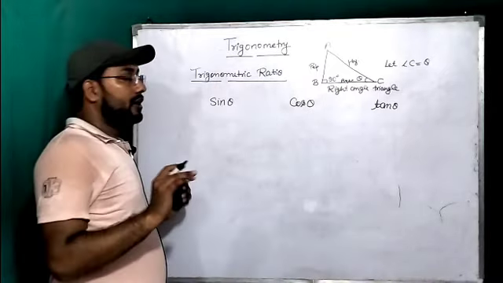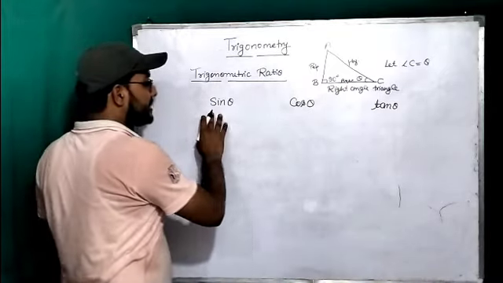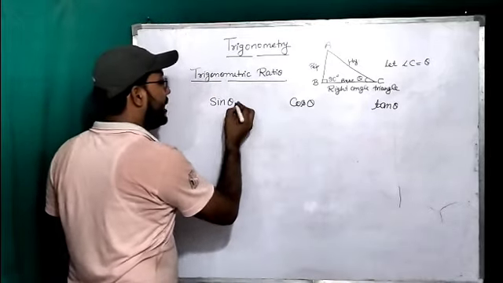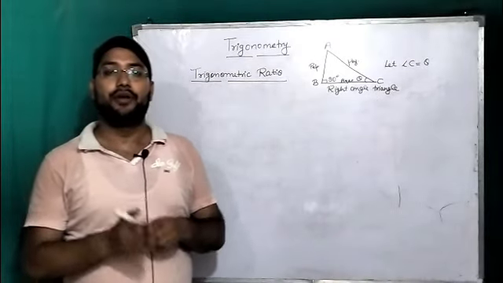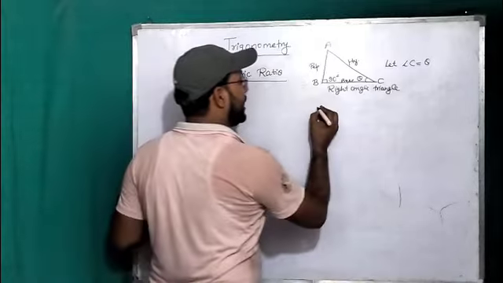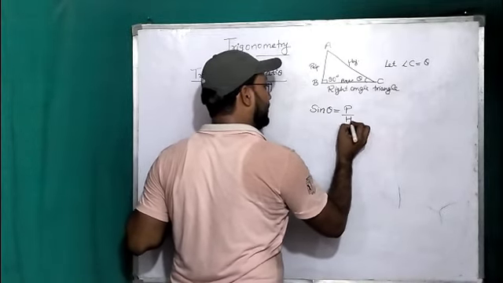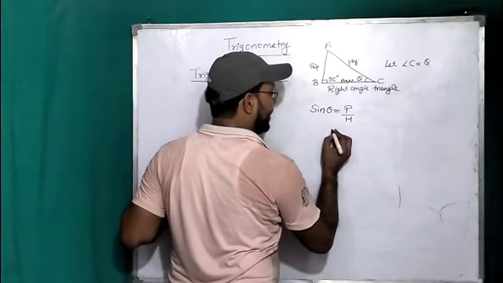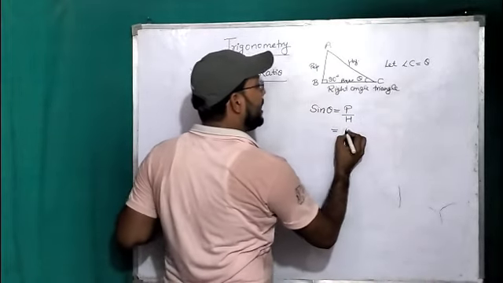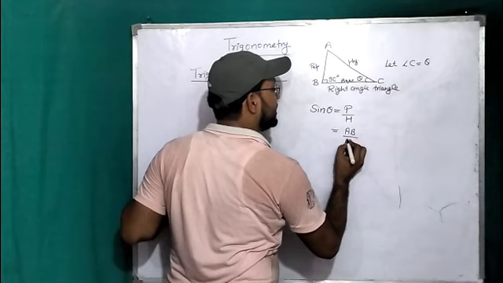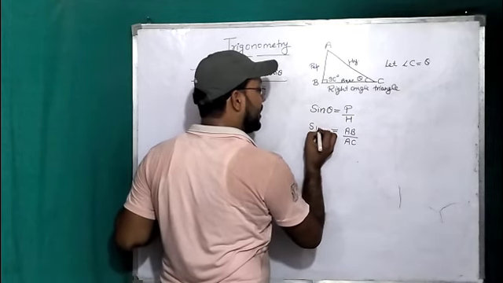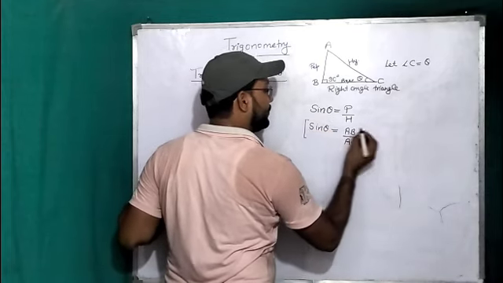Now we have to define the terms sin theta, cos theta and tan theta. Sin theta is equal to perpendicular upon hypotenuse, and in this triangle the perpendicular is AB and the hypotenuse is AC, so sin theta is equal to AB upon AC.